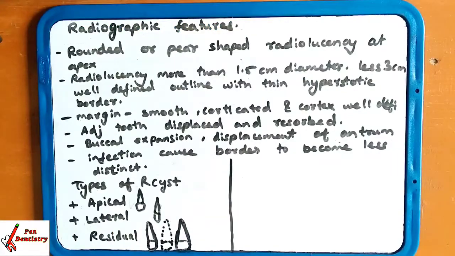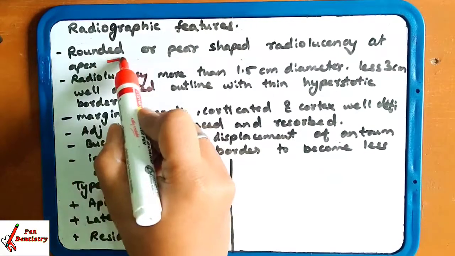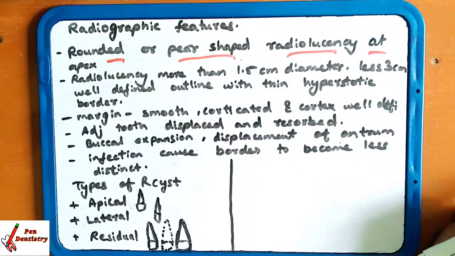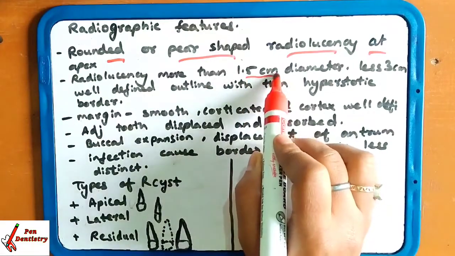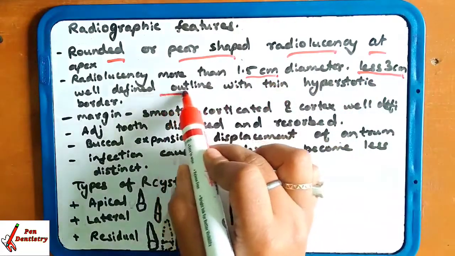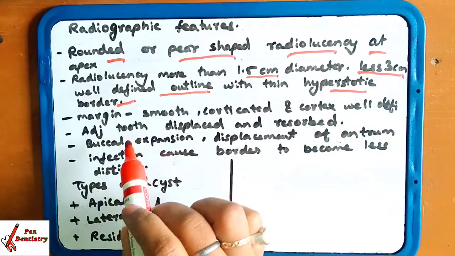Radiographic features of radicular cyst. In a radiograph, it is rounded or pear-shaped. Radiolucency at the apex is seen. Radiolucency is more than 1.5 centimeter and less than 3 centimeter. Well-defined outlines with hypostotic borders are seen.